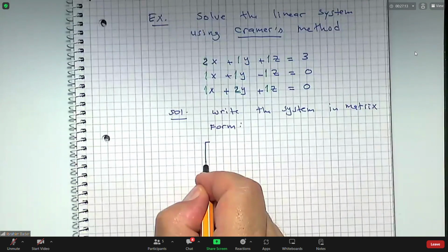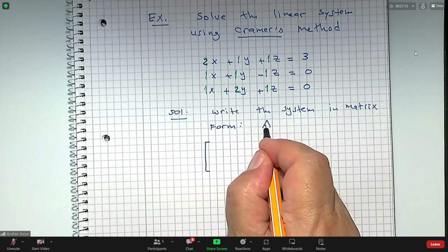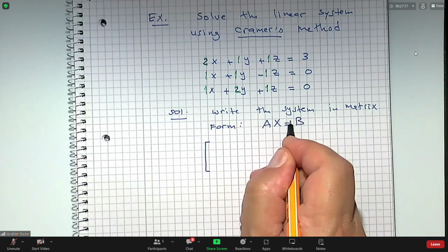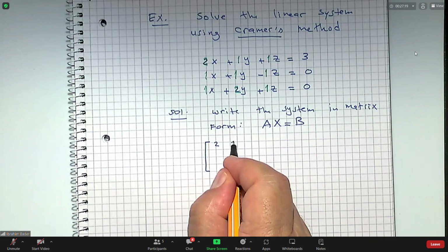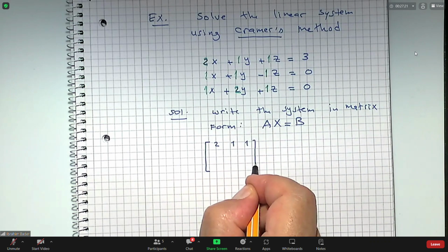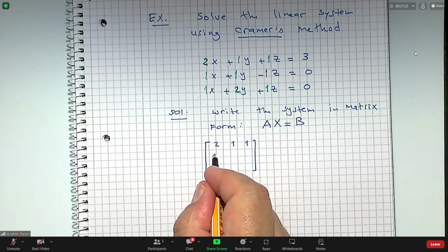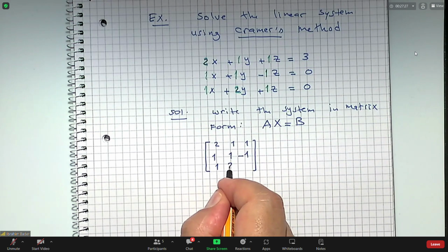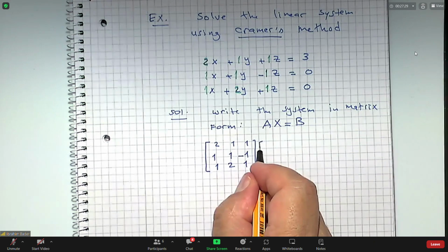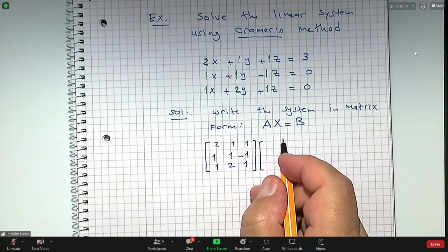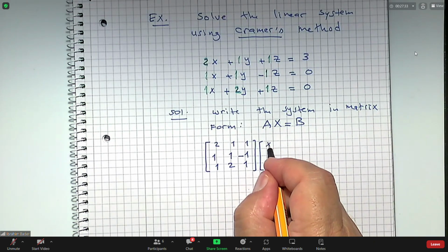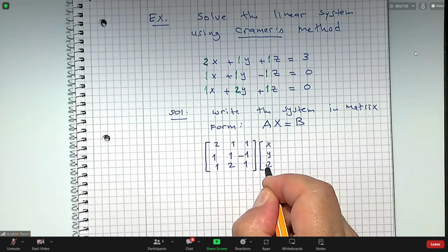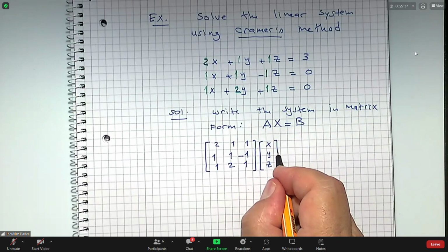So the system here as AX equals B could be written this way. So this is A. This is 1, 1, negative 1, 1, 2, 1. Now the variables matrix is X, Y, and Z, which is capital X here.